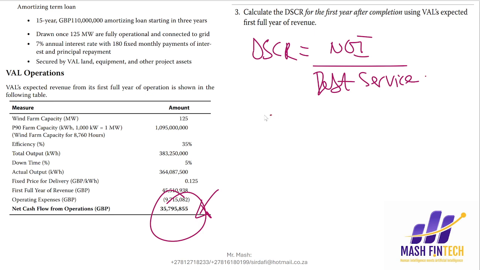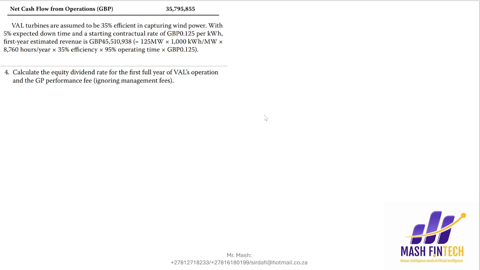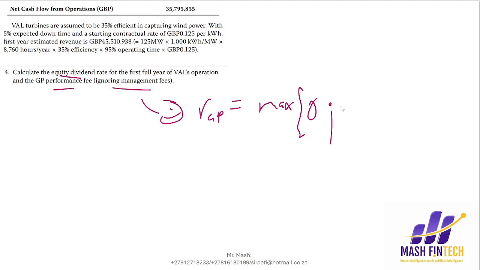All right. And then you want to calculate the equity dividend rate and also the GP performance fee, ignoring management fee. Ignoring the management fee actually makes things easier because you ignore the first part of the equation and you just use the last part, the maximum of either 0 or this price that is appreciated, multiplied by 1 minus the management fee, which is ignored. Then you subtract the equity price multiplied by the hurdle rate.